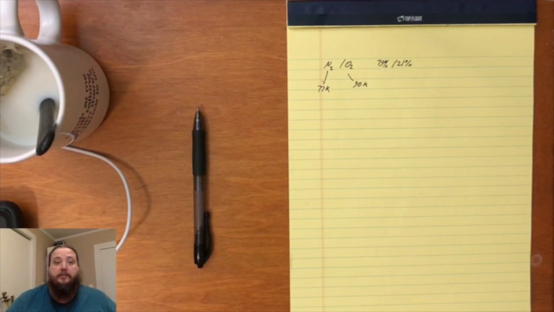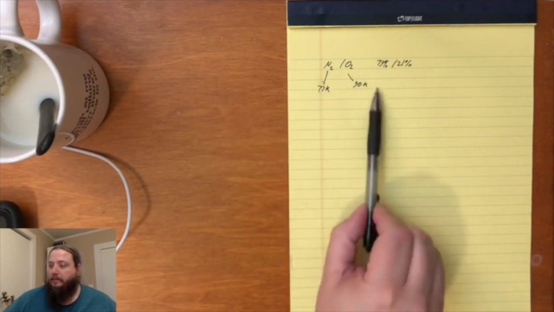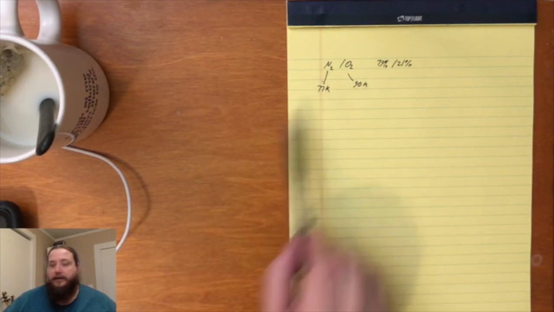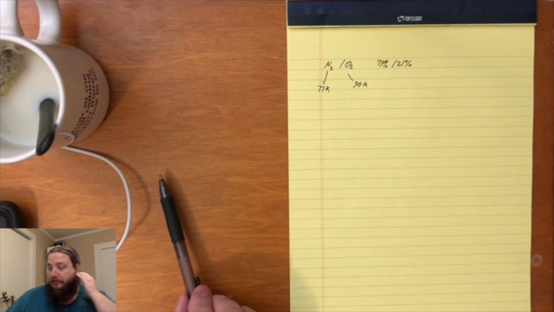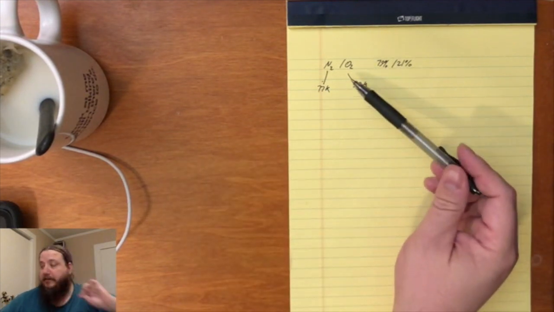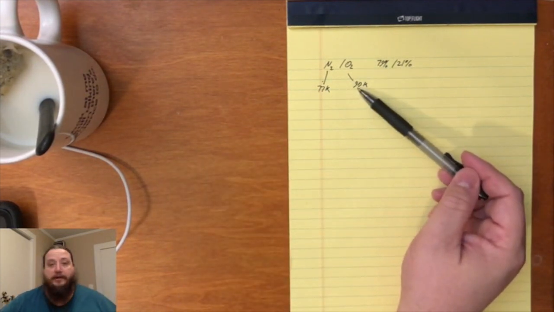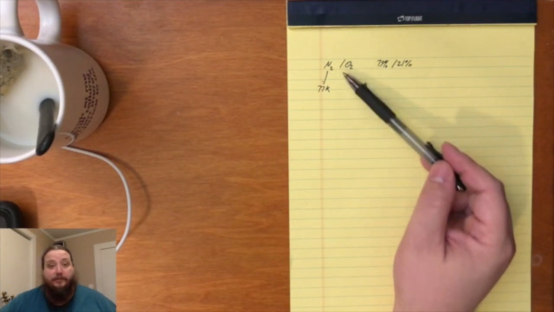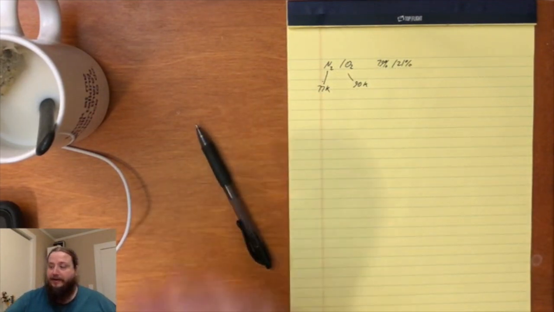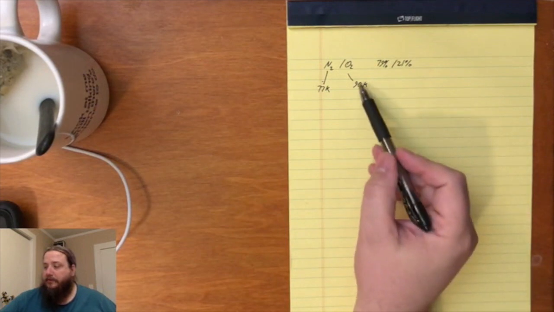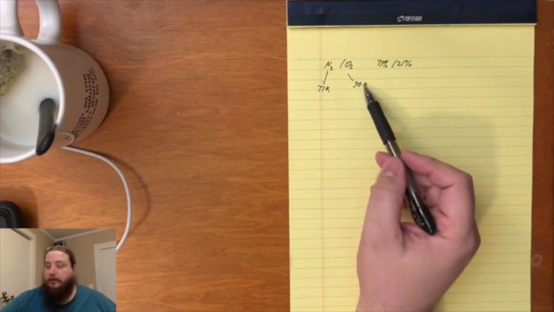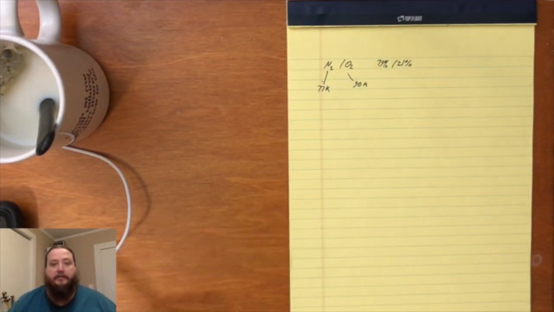But something odd, or perhaps unexpected, happens when you reach the area between 90 Kelvin and 77 Kelvin. For instance, you might think that as we go below the 90 Kelvin point, the oxygen will start to liquefy and condense out, and we'll start to get a mixture of pure oxygen with some nitrogen.